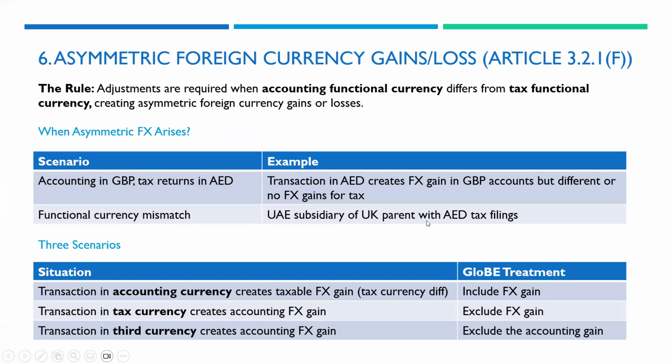If something is included in tax but not in accounting, include it. If something is included in accounting but not used in tax calculations, exclude it, so that the difference is not there. And if it is a third currency, based on what the tax says, you have to plus or minus in the accounting. Clear? So from this asymmetric position, you have to bring symmetry in your ETR and GloBE income.